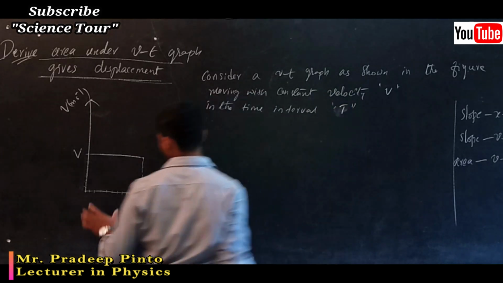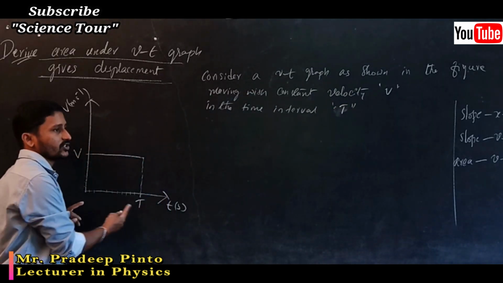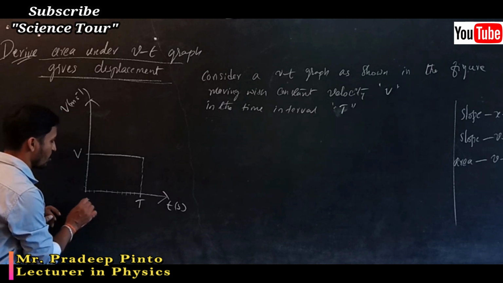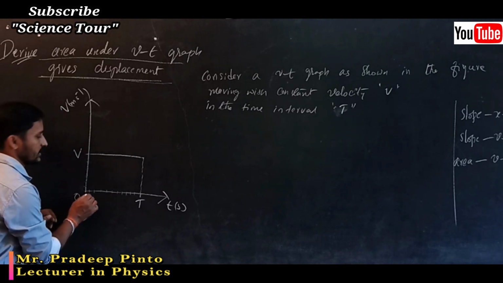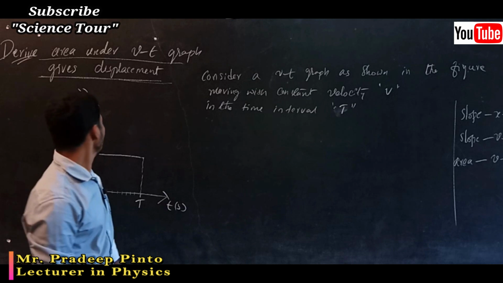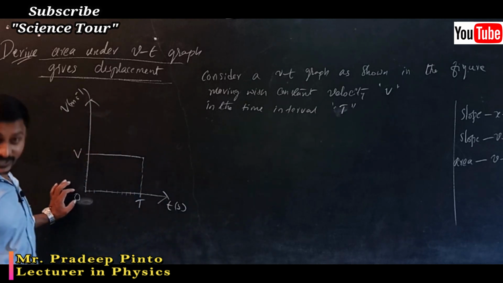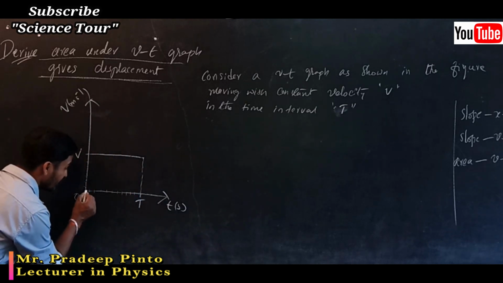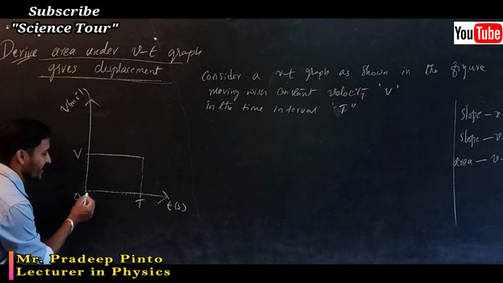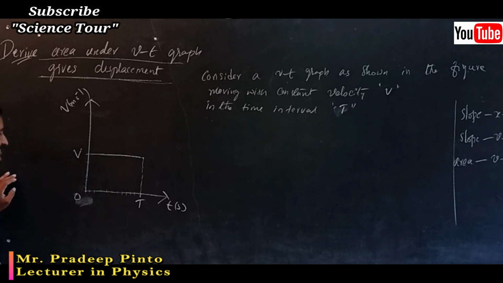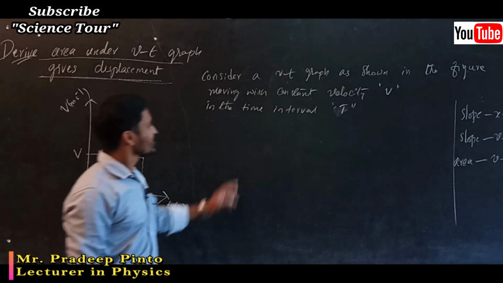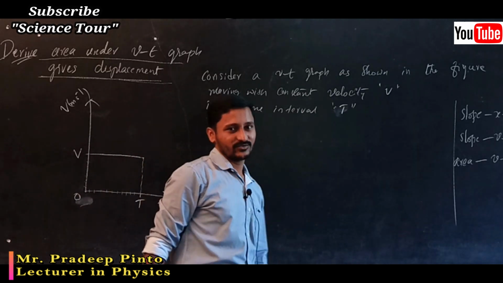Time interval means final minus initial, t minus 0, where O is the point where it starts from 0.